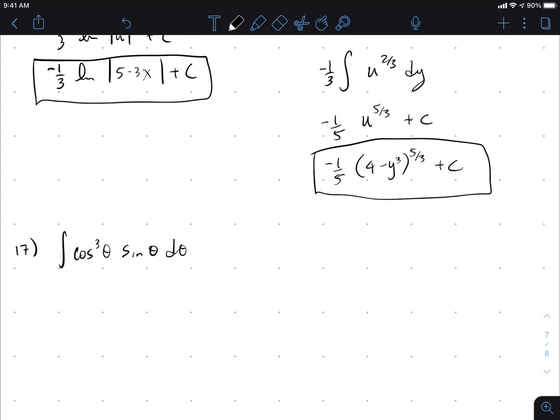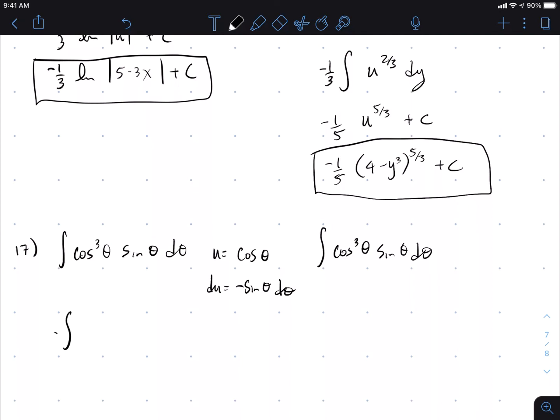Because if we did sine, here's what would happen. So I'll take you down two journeys, okay, with the same problem. So here I'm going to go, okay, u is cosine theta. So du is going to be a negative sine theta d theta, right?